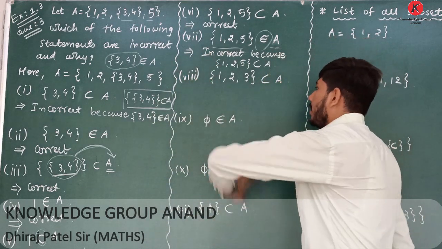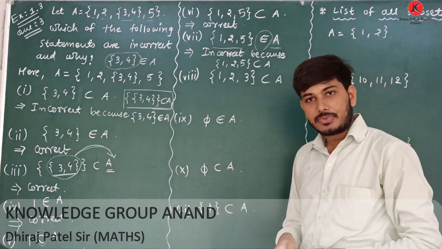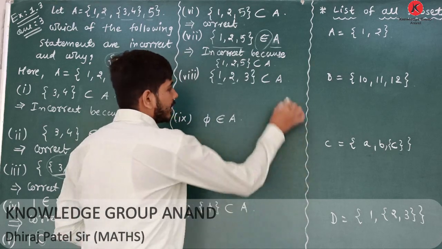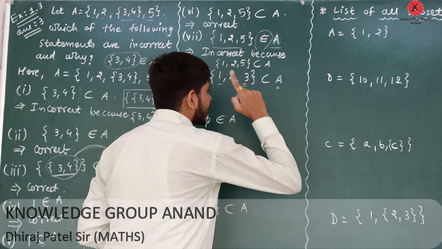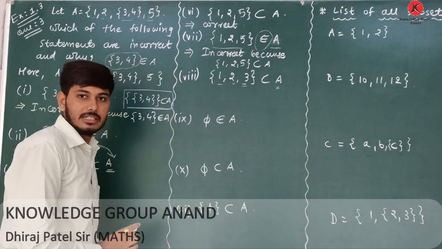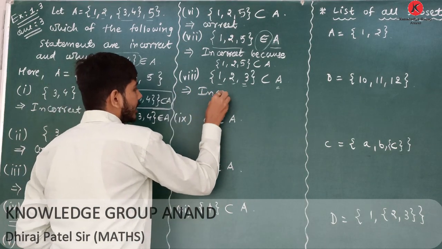Next one. 8. 1 to 3 subset of set A. Here 1 and 2 are elements of set A also, but 3 is not an element of set A. Therefore, it is does not subset. Therefore, it is an incorrect statement.